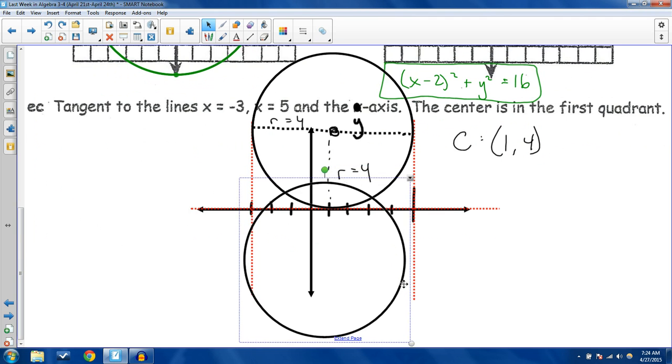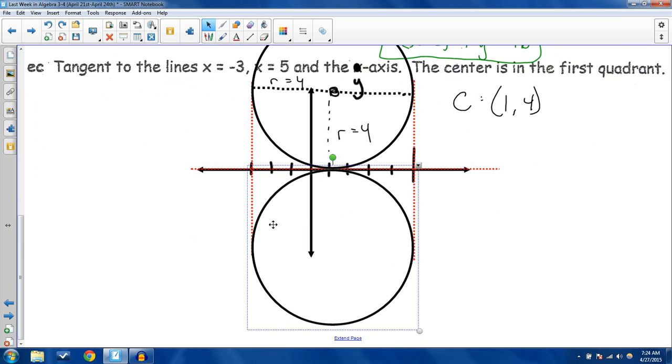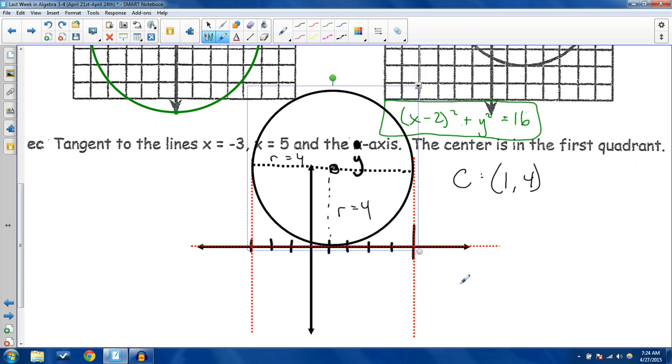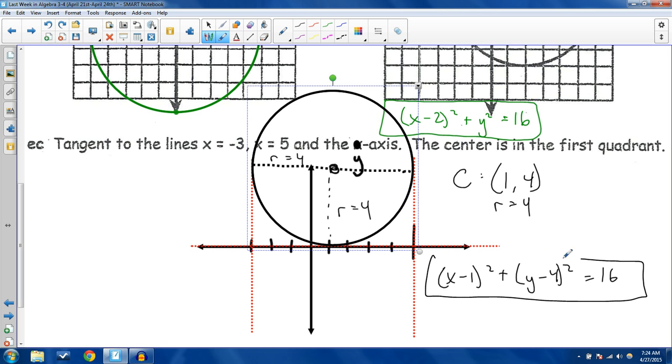This would have been another unique circle I could have made right there. The only difference is this center is in the fourth quadrant. That's not what they wanted. They wanted one in the first quadrant up here. So your equation, radius is 4, would be x minus 1 squared plus y minus 4 squared equals 16. There's your answer.